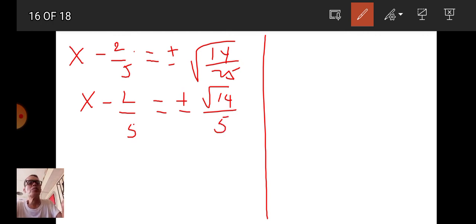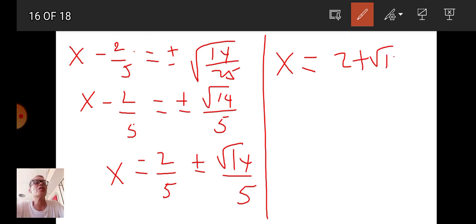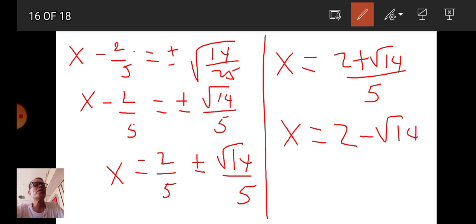So transpose negative 2 over 5 to the other side, you will have x is equal to 2 over 5 plus minus the square root of 14 over 5. So therefore, the value of x now is x is equal to 2 plus the square root of 14 over 5, and the other one is x is equal to 2 minus the square root of 14 over 5.